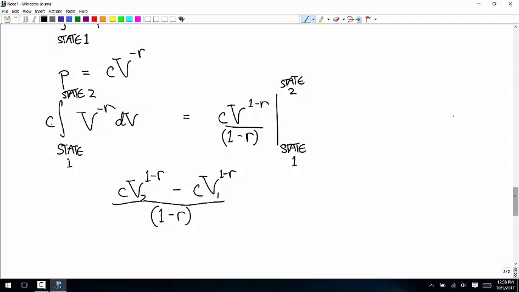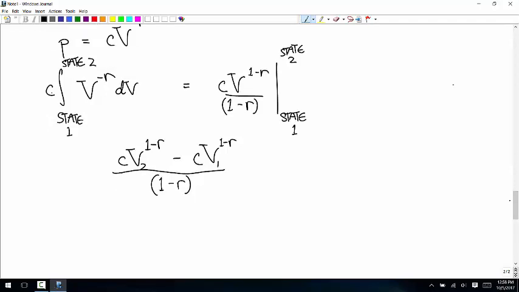And notice that C V to the 1 minus n is equal to V times C times V to the minus n.